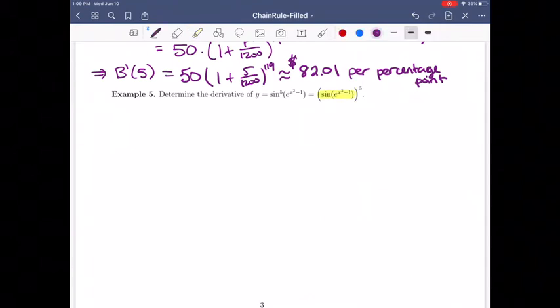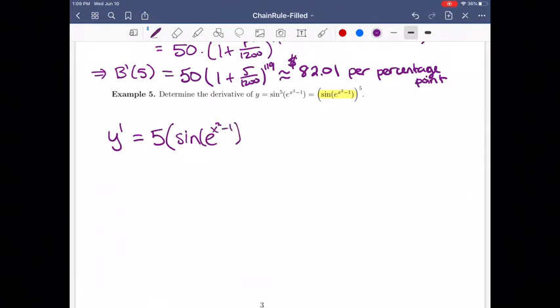So when I do y prime, I want the outermost derivative. So it's going to be 5 something, which I have not touched, to the power 4. That's the outermost derivative. Now what I need to do is times by the derivative of the thing I just left alone.